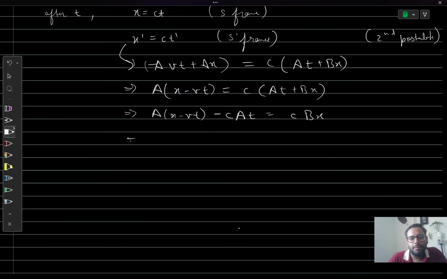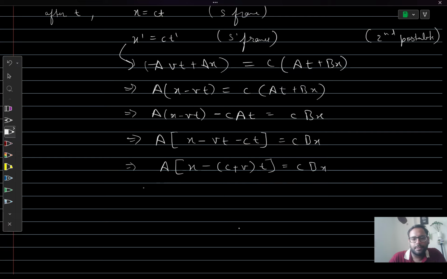Take out a common, you will find x minus vt. You can write it as c minus v or c plus v, t equals dx, and you will relate it like c dx on x minus c plus v t.